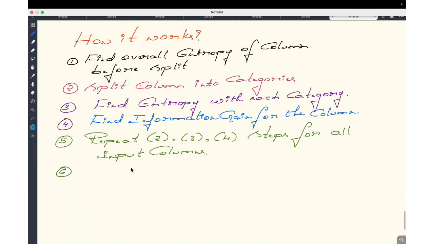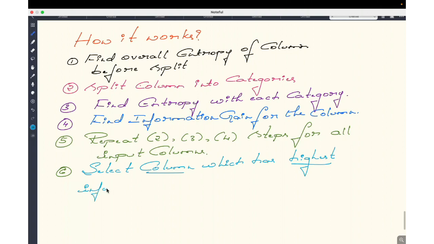So we have to select the column which has got the highest information gain as the root node. These are the steps it is going to follow.